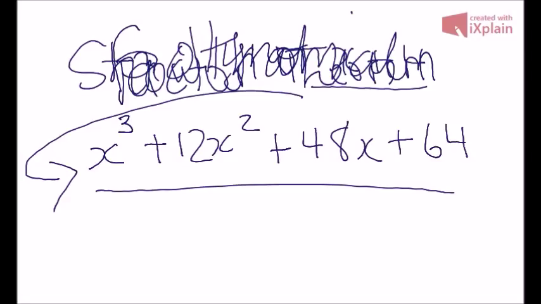Well, it's pretty simple. When something is a factor, it goes directly into that number without leaving a remainder. So, I'm sorry guys, but I'm going to have to erase this a little bit. I'll write it over though, don't worry about it.